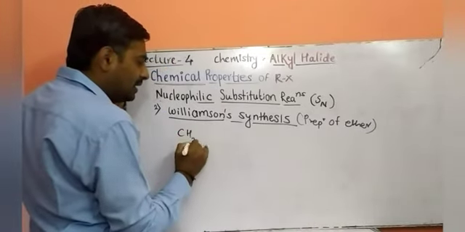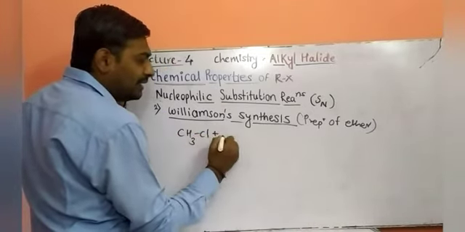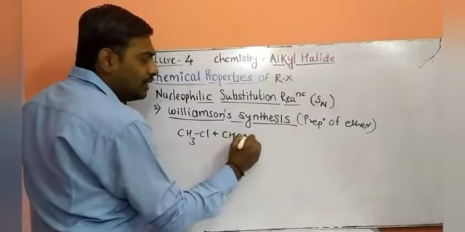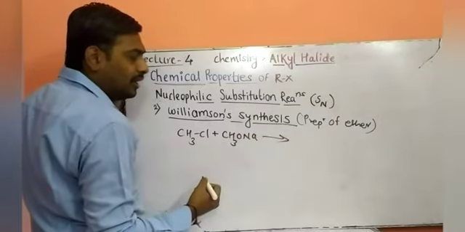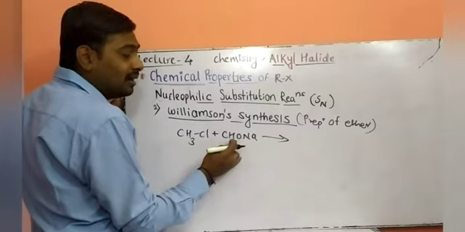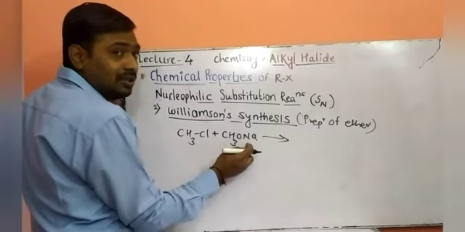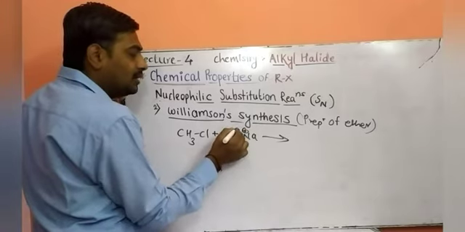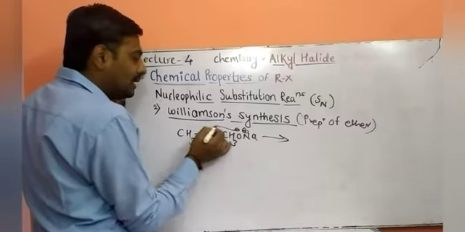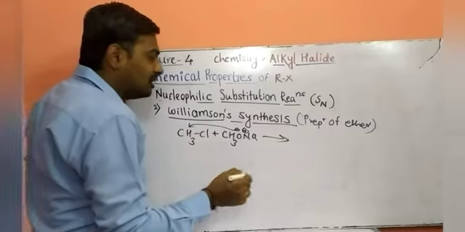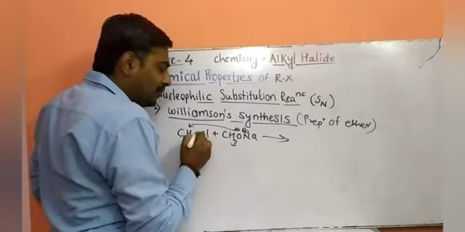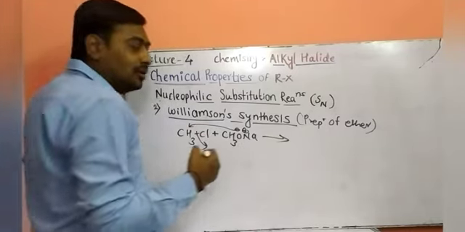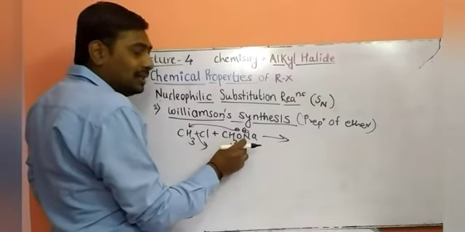See, this is methyl chloride. When methyl chloride reacts with CH3ONa, what is CH3ONa? This is methoxide, sodium methoxide. So this is minus, this is plus. This CH3O minus contains oxygen, which will attach to this carbon atom, displacing chlorine, to give a substituted product, an ether.